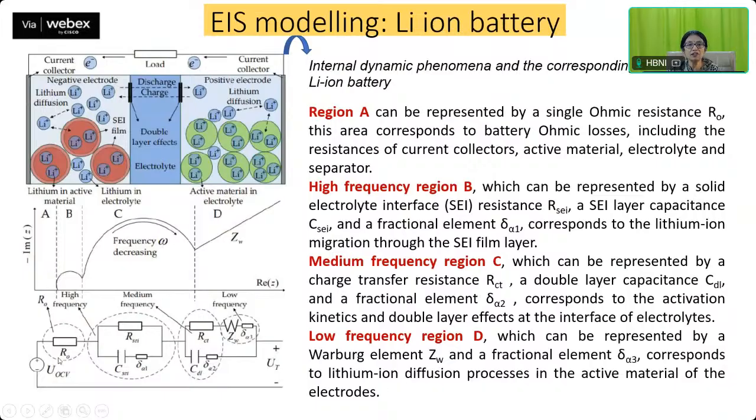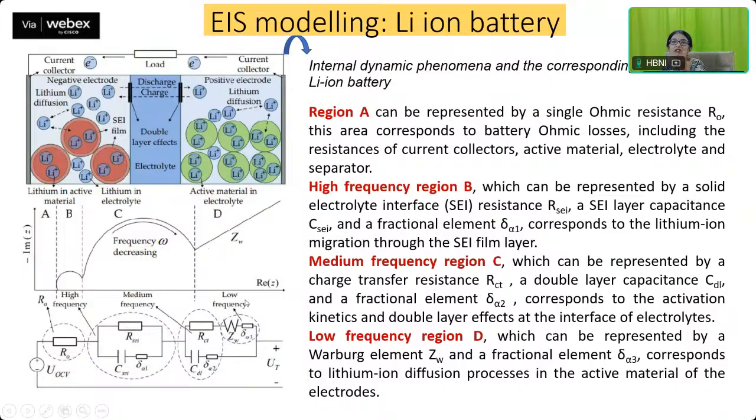So in each region, one resistance comes from different components of your cell. This equivalent circuit is because of the SEI layer formation. This one comes from the charge transfer. And the diffusion you see gives rise to the Warburg impedance.